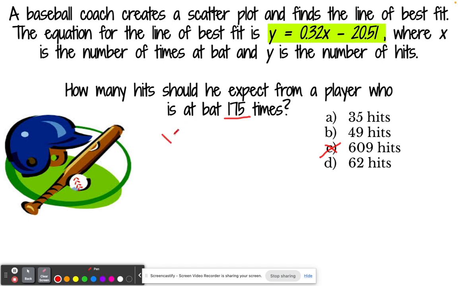So my number of hits is equal to 0.32 times my number of bats, which in this case is 175, minus 20.51.